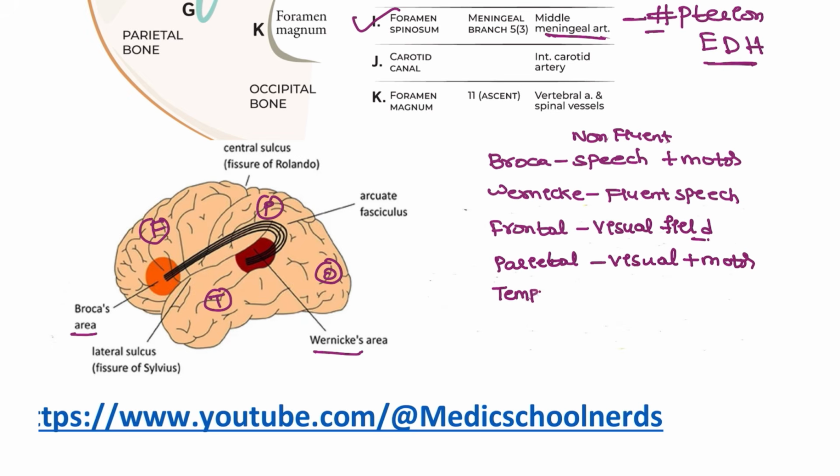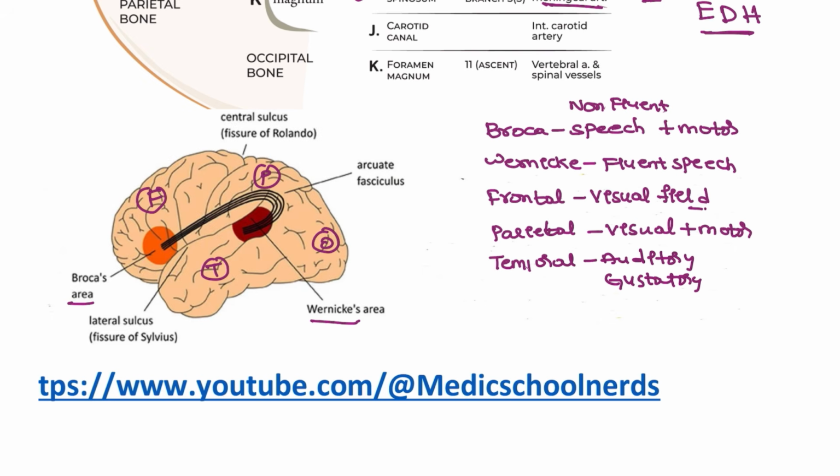If the temporal lobe is involved, that will involve the auditory, and can also be associated with gustatory. In temporal lobe epilepsy, mostly the patient will have an aura associated with gustatory hallucinations also. Next, occipital. Occipital is the visual cortex, with hemianopia; these kinds of defects you are going to see in the occipital lobe.